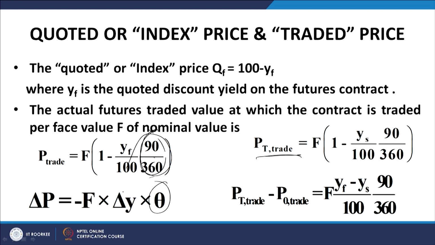But as on the date of maturity or the date of delivery of the futures contract, the futures price, due to convergence or no arbitrage, which are synonymous literally in this context, must equal the spot price of the underlying instrument, the spot price of the T-bill.